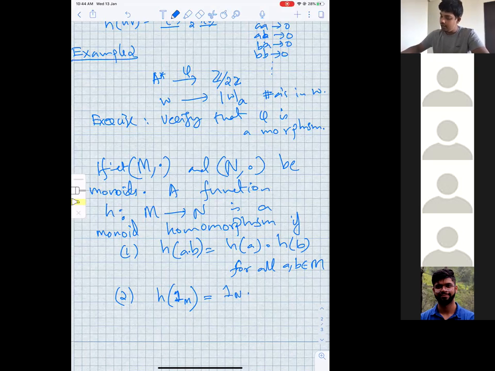That means the morphism maps the identity of M to the identity of N.